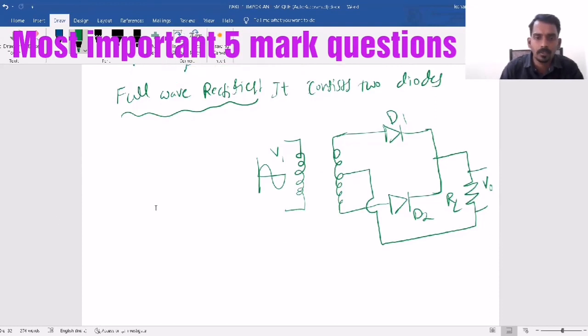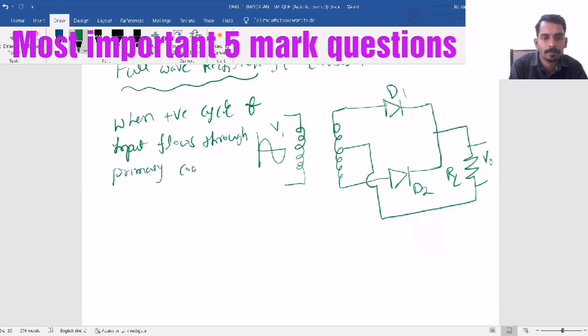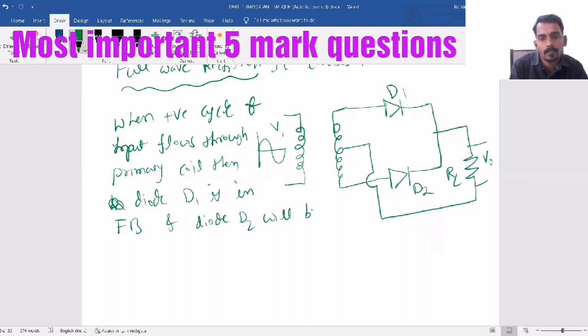Now here you have to observe properly that when the positive cycle of input flows through the primary coil, then diode D1 is in forward bias and diode D2 will be in reverse bias.